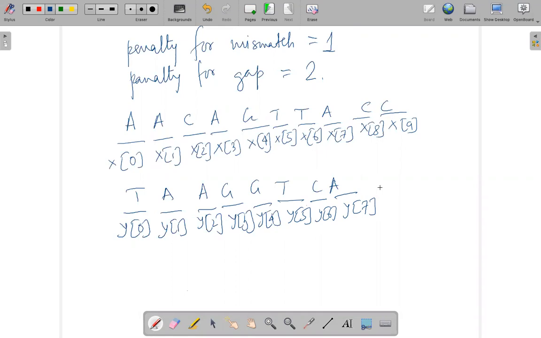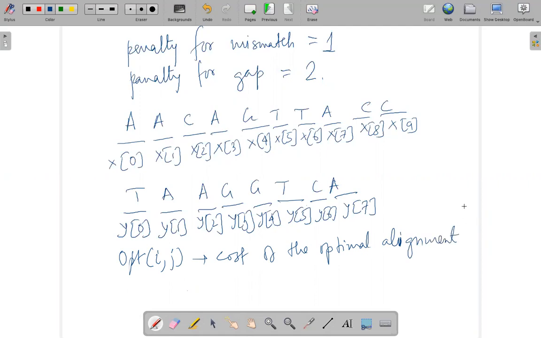Okay. Also, let us call opt ij the cost of the optimal alignment of the subsequences x i to 9 and y j to 7.